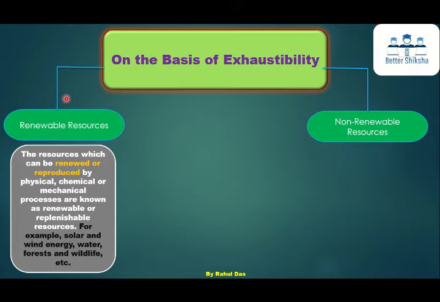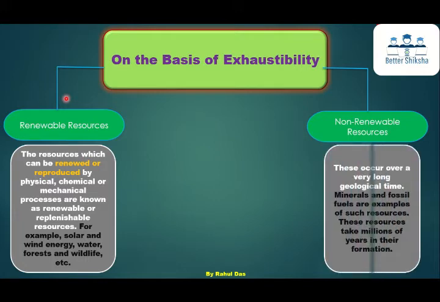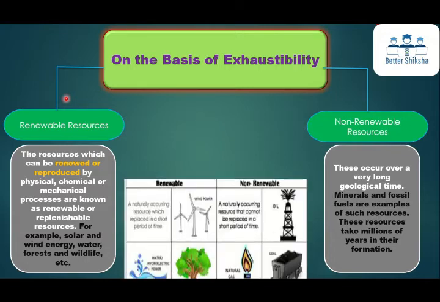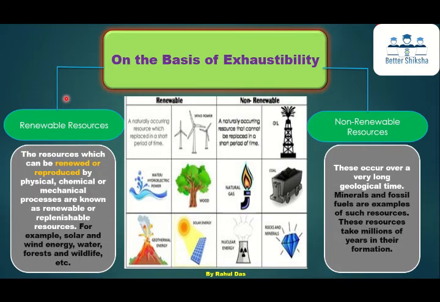For example, solar, wind, water, forest. Non-renewable resources are those which occur over a long period of geological time, such as minerals, petroleum products, coal. These resources can take millions of years to form, so they are known as non-renewable resources.